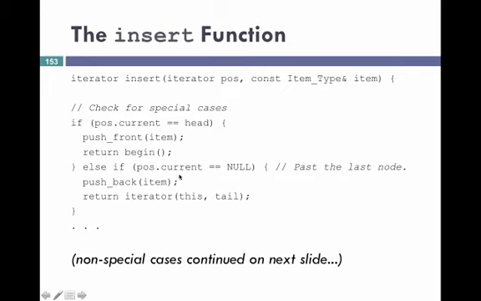Else, if the position.current is null, then we're past the last node, then we say push back, and then we return an iterator that points to this, and tail is its parent. So this is sort of a constructor for the iterator class.